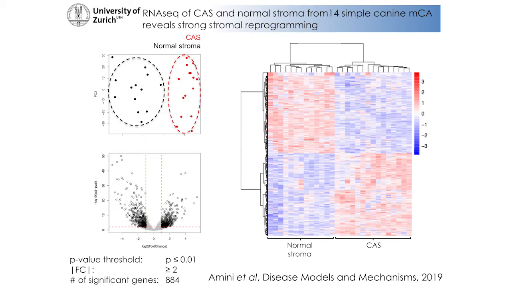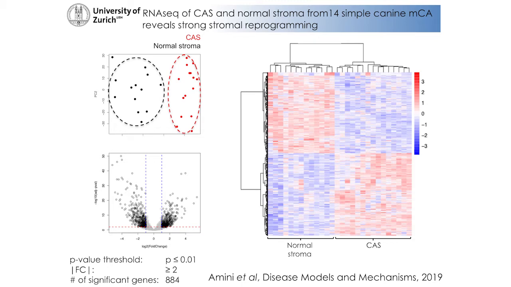On the top left in the PCA, you can see two different clusters. One that is on the left and contains only samples from normal stroma in black, and the one that is on the right and contains only red dots from cancer-associated stromal samples. So the distinction between the normal stroma and the cancer-associated stroma is the major source of variability in the data.